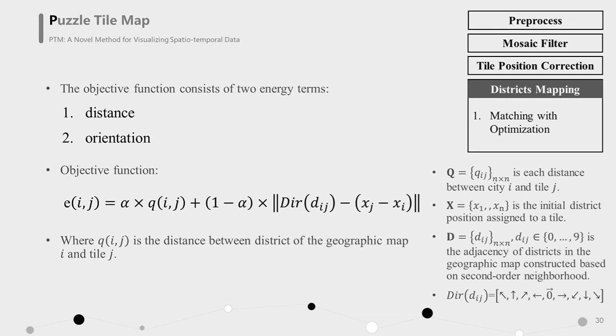Specifically, the defined objective function considers not only the position, but also the orientations of districts, and thus, an appropriate one-to-one mapping between the cities and the corresponding tiles can be obtained.